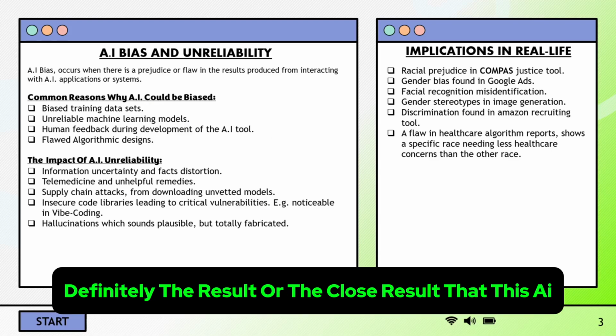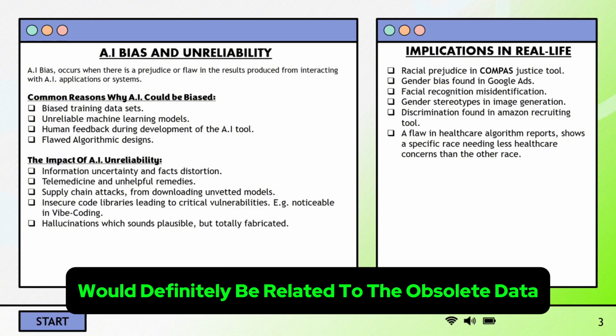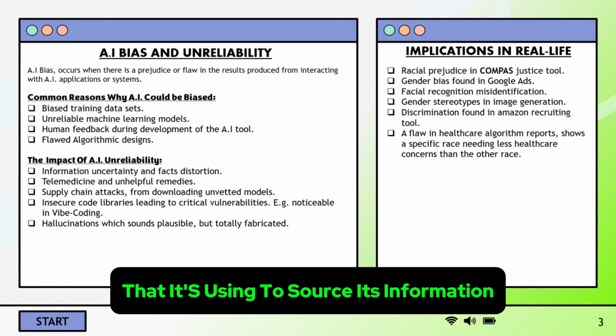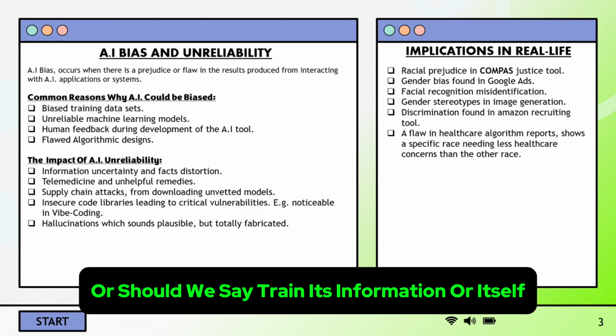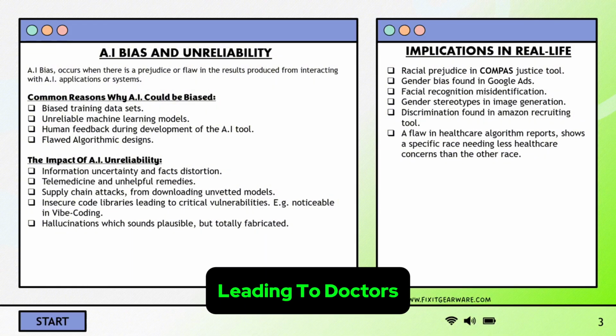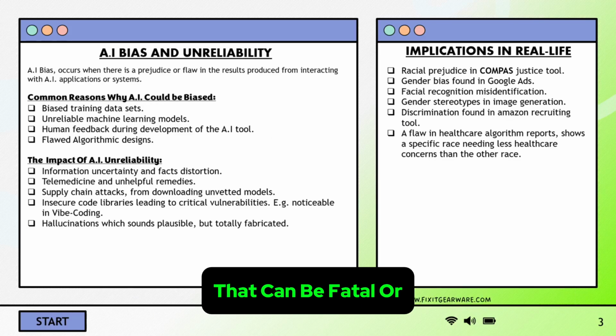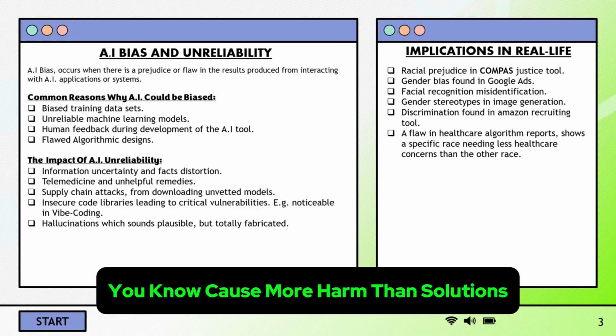Definitely the result that this AI model would give would be related to the obsolete data that it's using to source its information, or should we say train itself. So this can also impact telemedicine, and of course lead to doctors or medical practitioners prescribing unhelpful remedies that can be fatal or cause more harm than solutions.